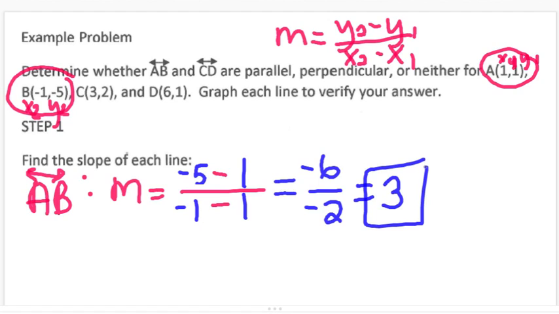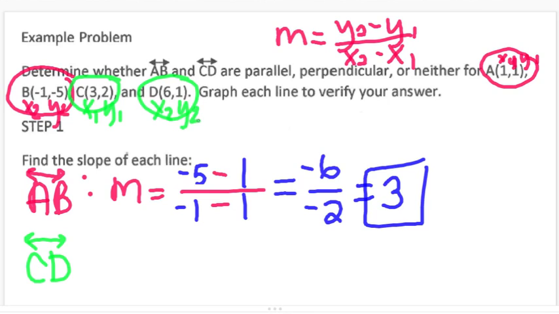So the slope of line CD, I'll do in green, because we're going to use these points right here. So I'm going to label my points x1, y1, x2, y2. Now I'm going to write my slope formula without the variables, and I'm going to plug in those numbers.